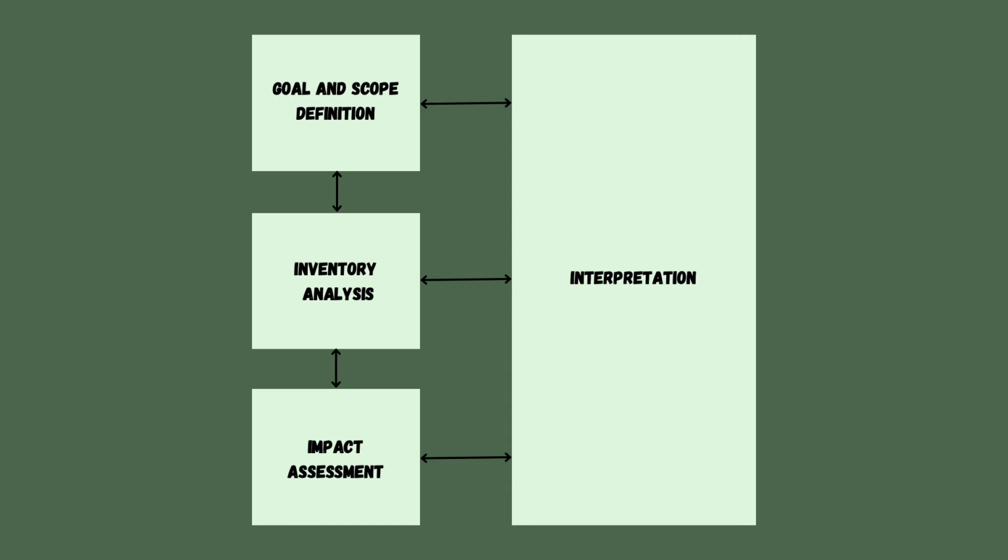We work through each item in the inventory that we've compiled in the inventory analysis stage, and we work out the carbon emissions for each stage. Then we can totalize that, and based on our functional unit, we can work out what 1 kilogram of bread equals in terms of its carbon emissions.